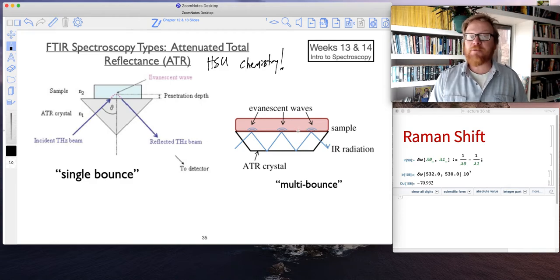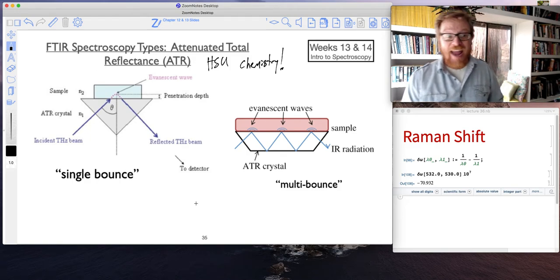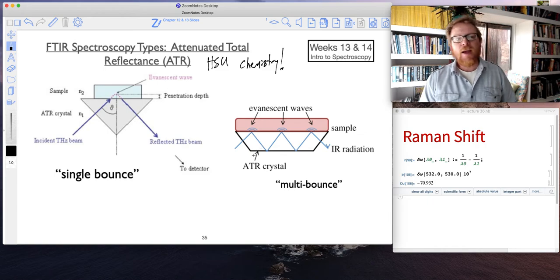Okay? That FTIR that you used up in the OChem lab is actually called an attenuated total reflectance. It's called an ATR. It's still a garden variety FTIR, but it takes advantage of total internal reflection. Okay? And recall, we described this earlier.